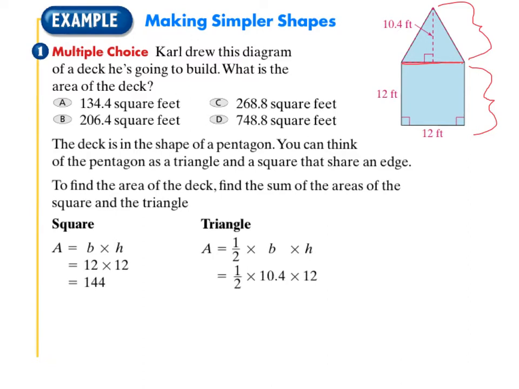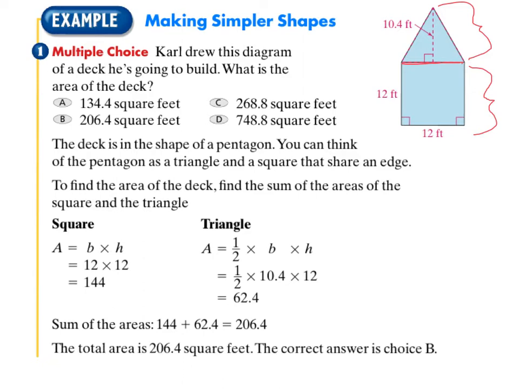And then the triangle will be half times 10.4 times 12, which is 62.4. So then we need to add those two together. So 144 plus 62.4 is 206.4. So the total area is 206.4 square feet. So our correct answer is B.